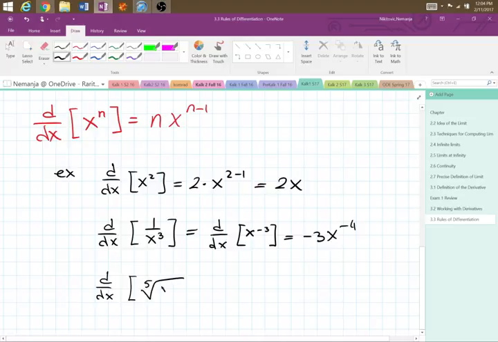Fifth root of x to the 8th. You immediately rewrite that as x to the 8/5, and then you do the magic. So these problems should literally take 2 seconds. No intermediate steps necessary, right?